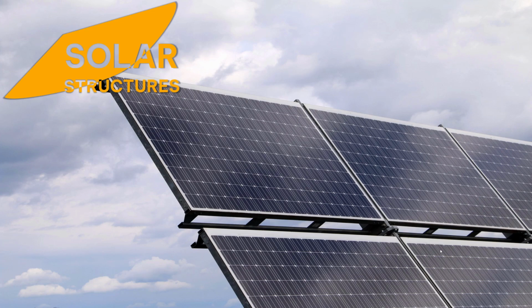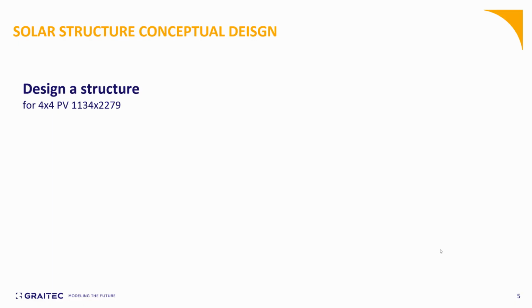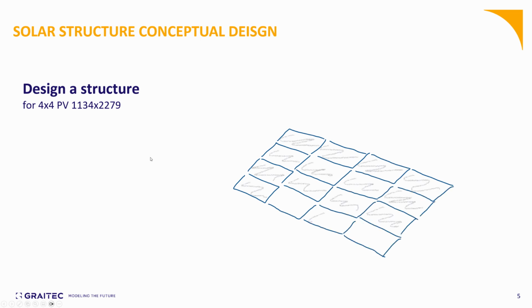To go further in this presentation, I have prepared a conceptual design. So let's assume an example of a solar panel supporting system. In this case, I'm going to be designing a structure which has 4x4 panels, and the dimensions will be, as you see here, in millimeters. If we want to see the panels, it's a 4x4, four columns and rows.